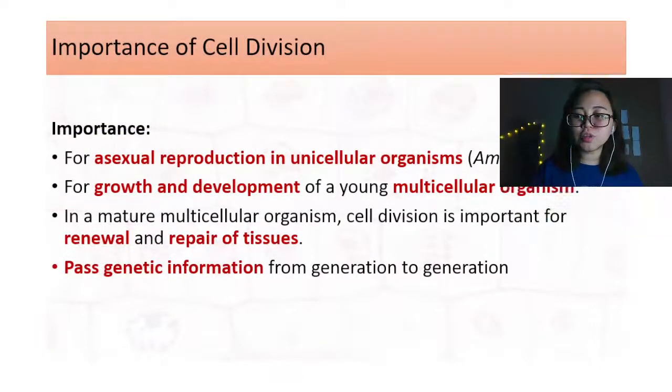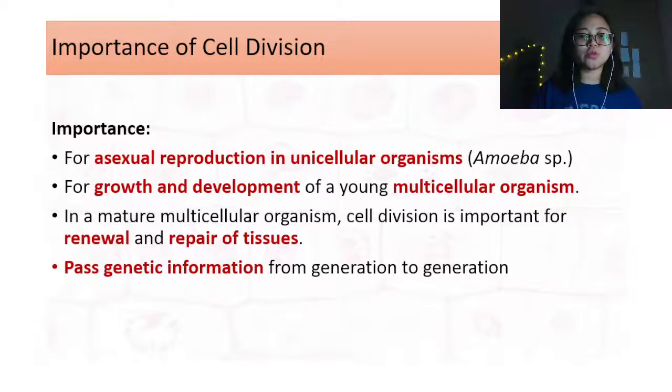All right, let's talk about why it's important to have cell division. Why is it important to have mitosis and meiosis? First of all, in unicellular organisms like amoeba, it is how they asexually reproduce. Pembiakan tanpa seks untuk dalam organism-organisme yang unicellular.